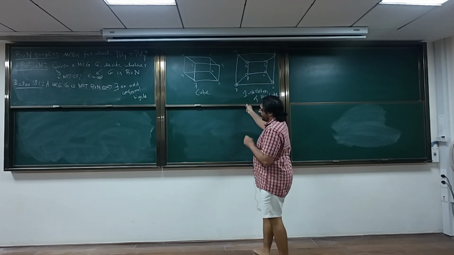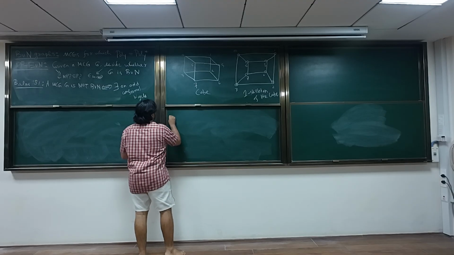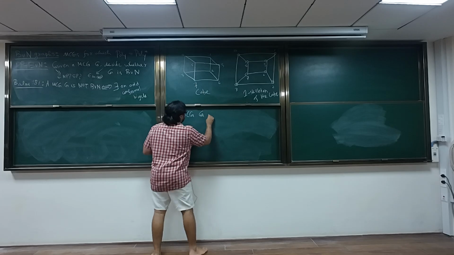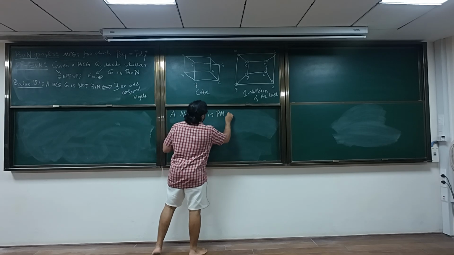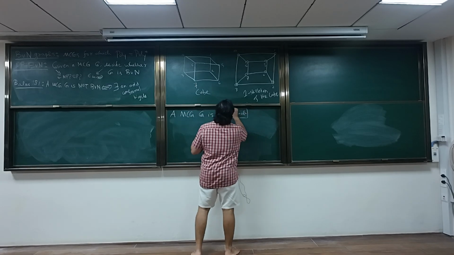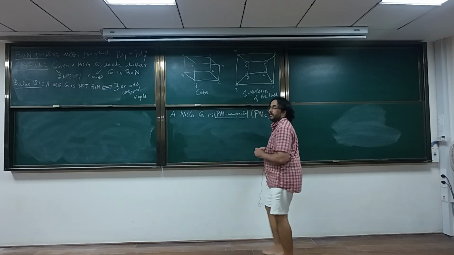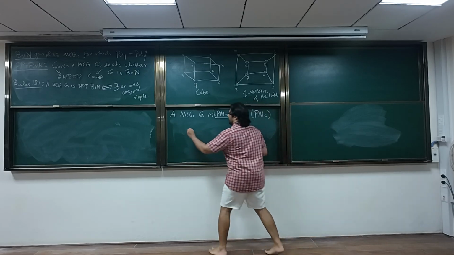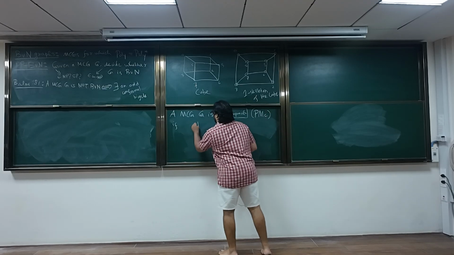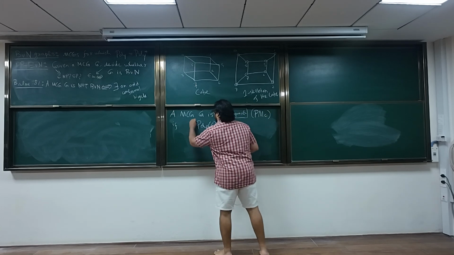So that brings me to an interesting property. We will say that a matching covered graph is PM compact. This is the word some people use, so I will use it. A matching covered graph G is PM compact, which I will abbreviate to PMC, if we take the perfect matching polytope and now take its one skeleton.